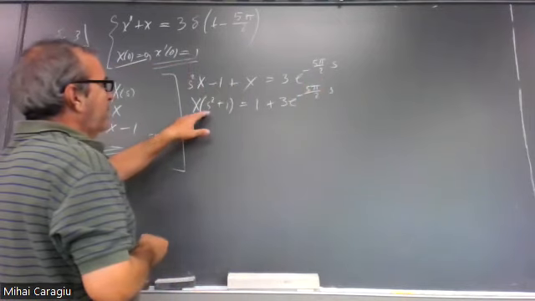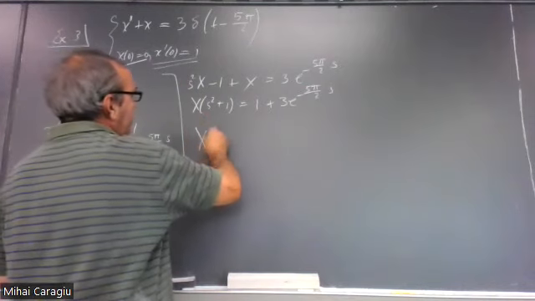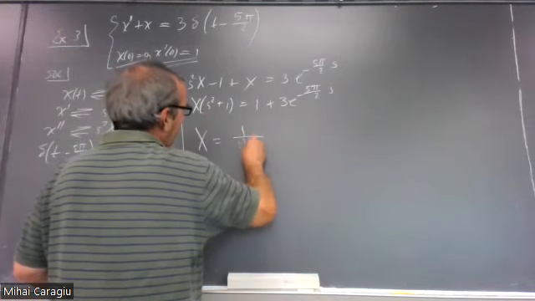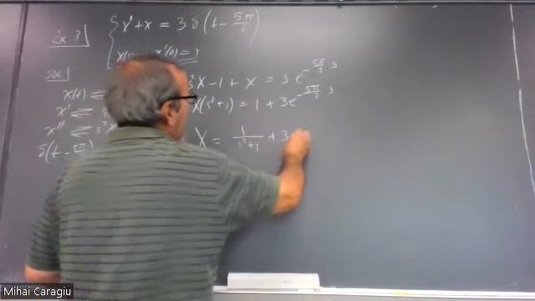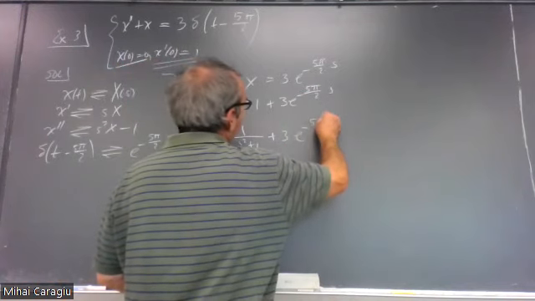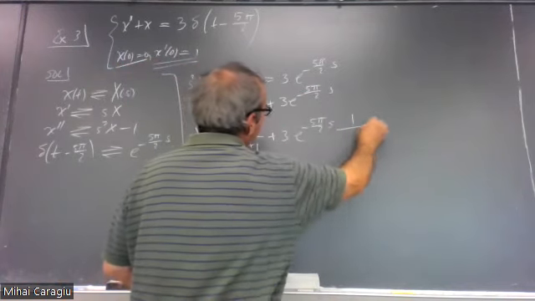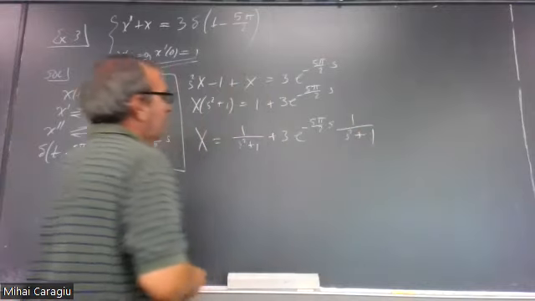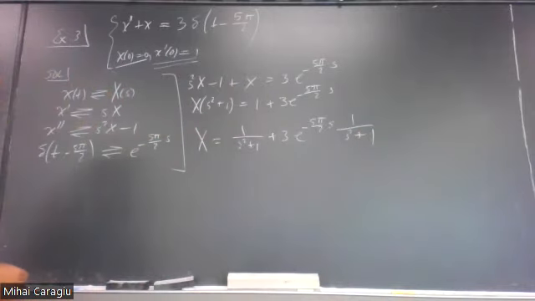Divide by s squared plus 1 and get a clean X. Big X will be 1 over s squared plus 1 plus 3 e to the power minus 5 pi over 2 s, and again 1 over s squared plus 1. That's the solution of the differential equation, but encrypted.